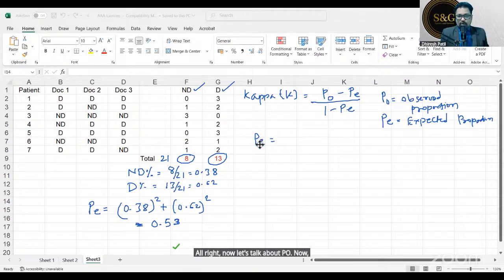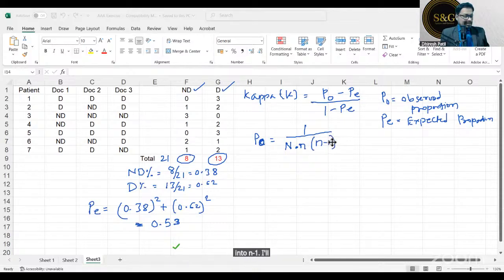Now let's talk about PO. PO's formula is a little complex. PO is 1 divided by capital N into small n into (n minus 1).